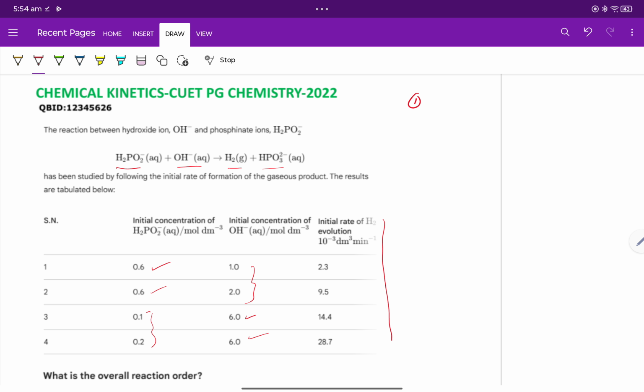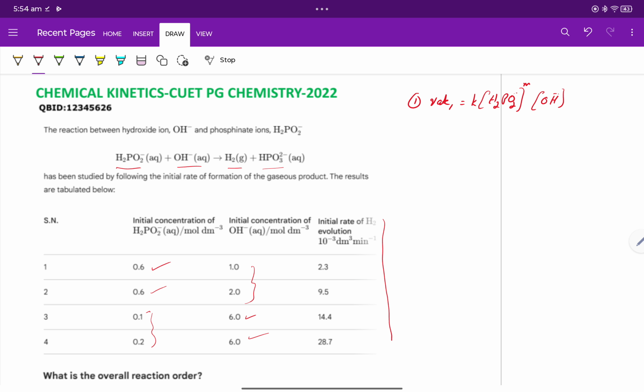For the first experiment, I am writing rate 1 will be equal to K into the concentration of H2PO2 minus. Let the order with respect to H2PO2 minus be m, and then it should be multiplied by the concentration of OH minus.